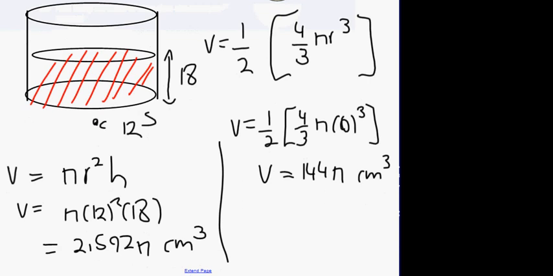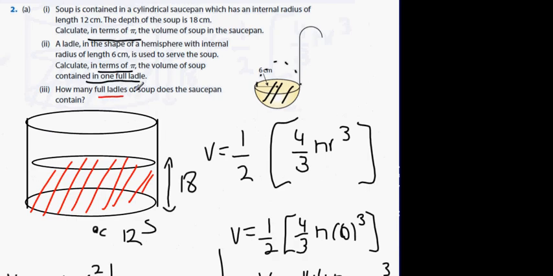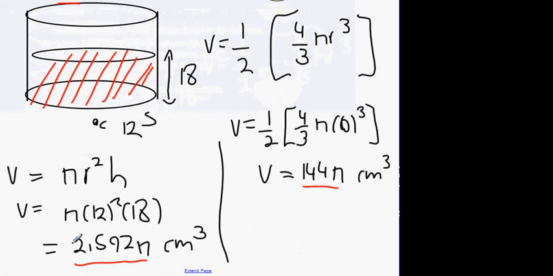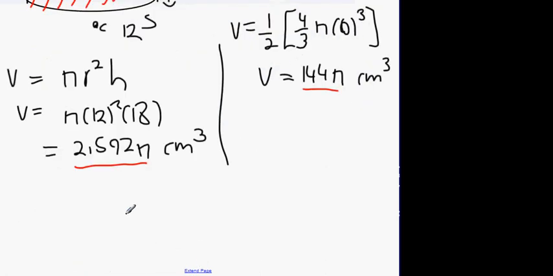Now we can see that the cylinder is much bigger than the ladle. So the next question, part 3: how many full ladles of soup does the saucepan contain? Well, basically what we can do here is 2592 pi divided by 144 pi.